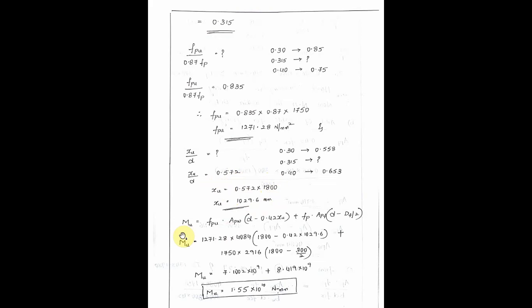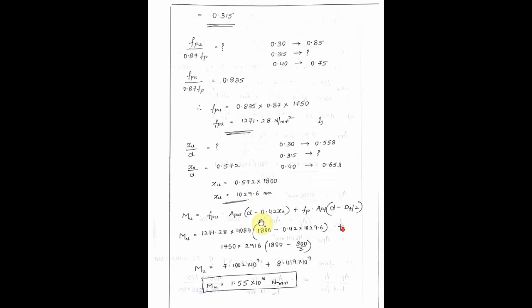Finally, MU is equal to FP APW (D minus 0.42 XU) plus FPU into APF into (D minus DF divided by 2). This is the formula to find the ultimate moment of resistance when the neutral axis lies in the web.